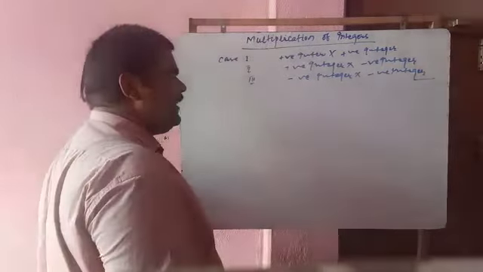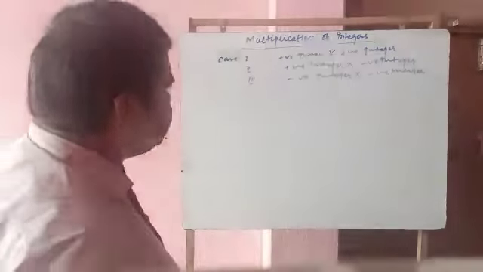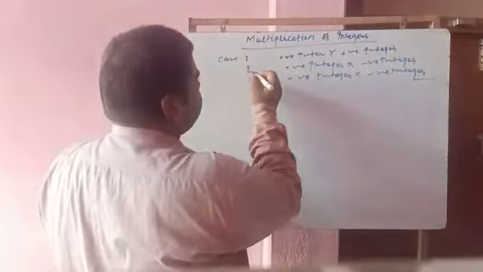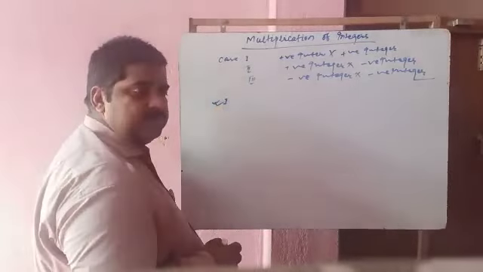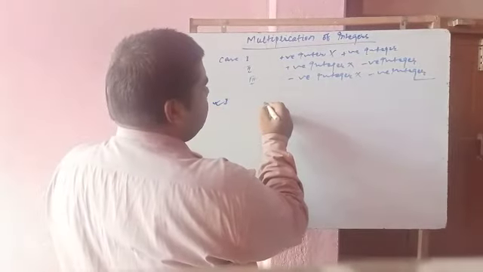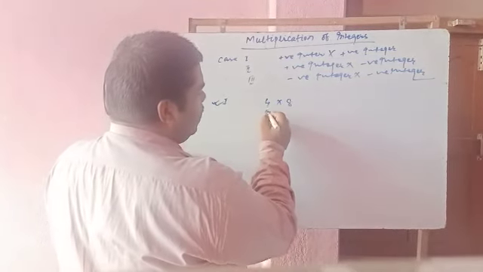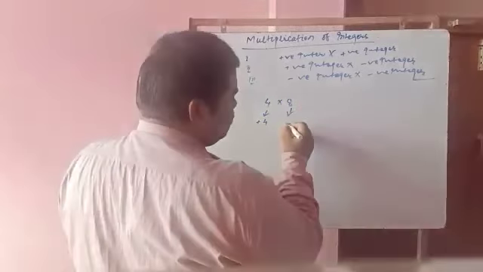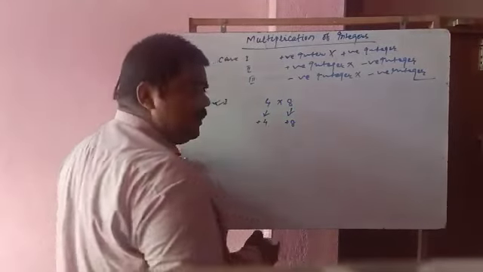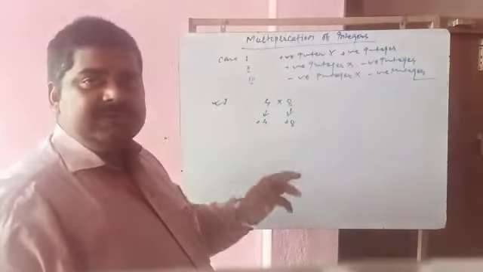My dear students, three different types of questions are generally given. For example, in case one, suppose you are given 4 multiplied by 8. You know that 4 is actually plus 4 and 8 is plus 8, because the positive sign is not written behind any digits.